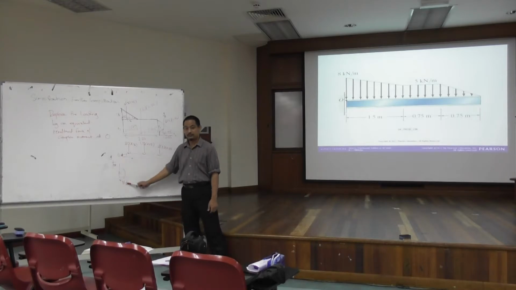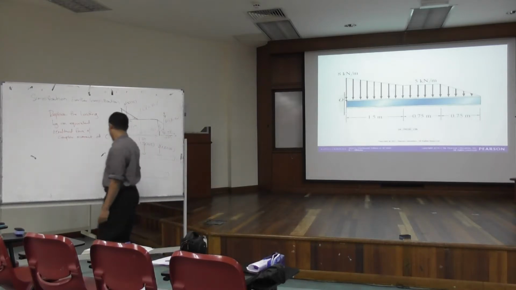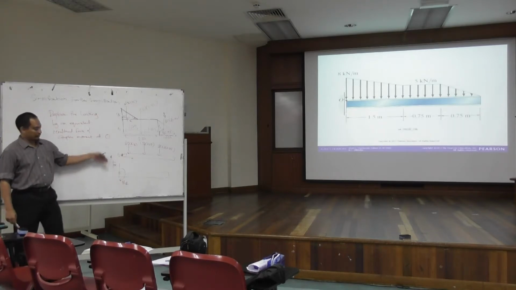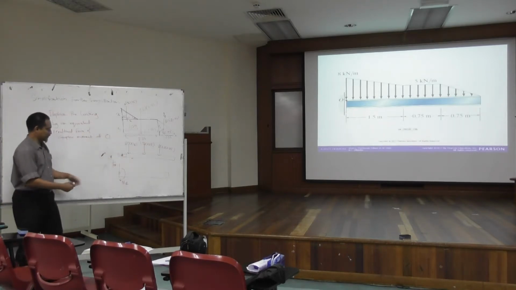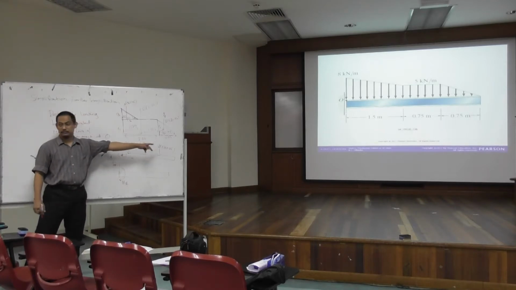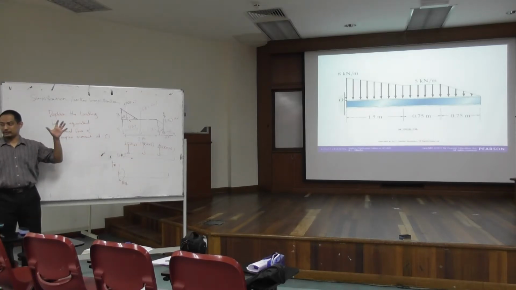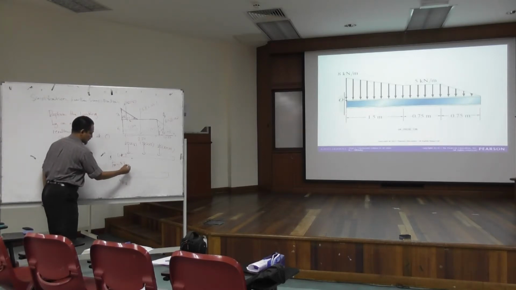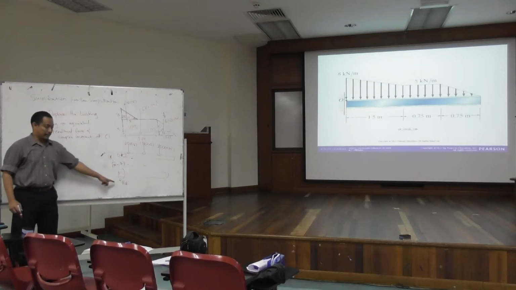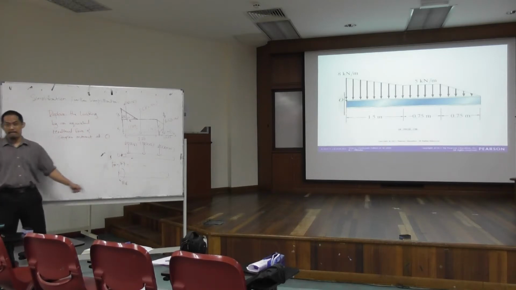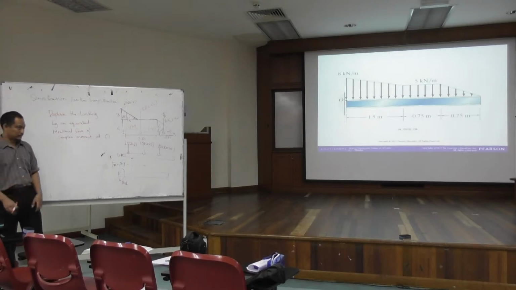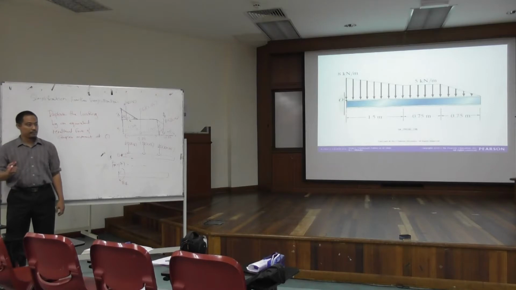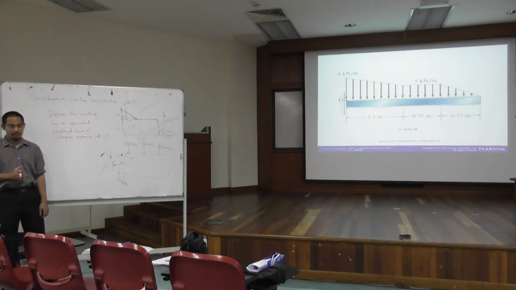How to get this value? So how to get FR? In this case, it should be easy, right? Because everything is downward. So basically, FR is just the summation of all of this. Understand? So basically, summation of all the forces. What about MR? Summation of moment about point O, right?